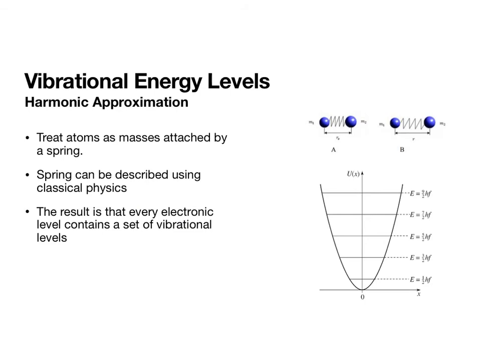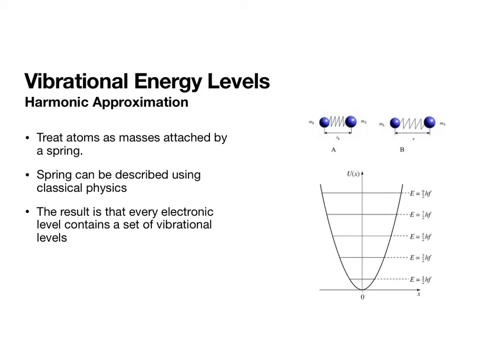So another way that molecules, and in this case only molecules, contain energy is in vibrations. And so how do we figure this out? We use what's known as the harmonic approximation. In this, we treat atoms as masses attached by a spring.